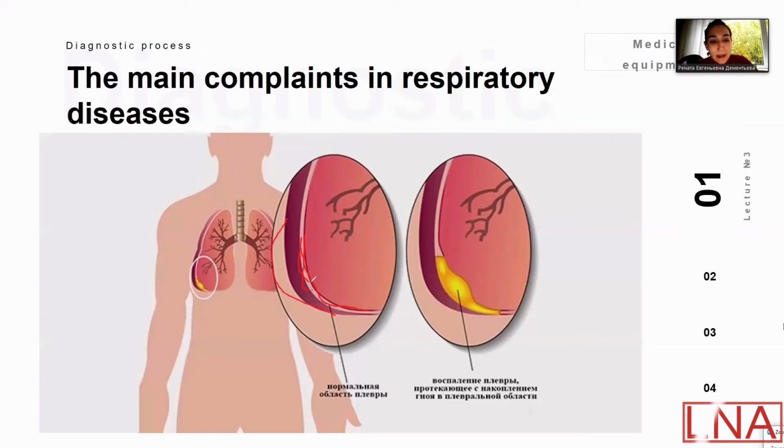So normally it's the zone of pleura. In case of inflamed pleura, in this small distance between the pleura and the healthy lung tissue, there is inflamed yellow-green, in case it's a purulent substance.